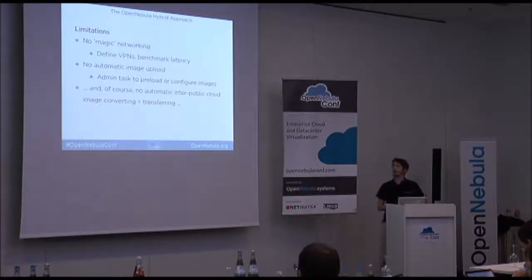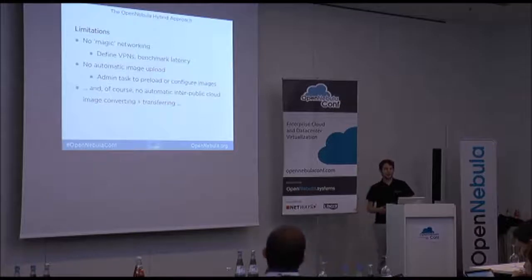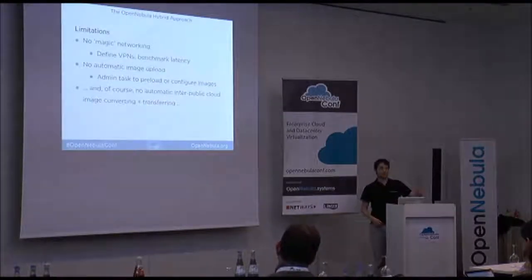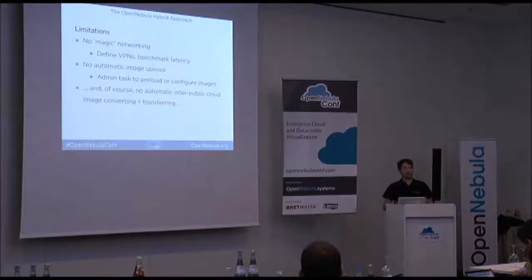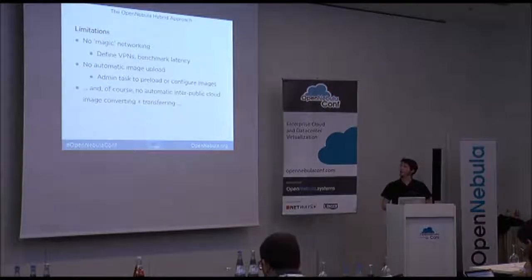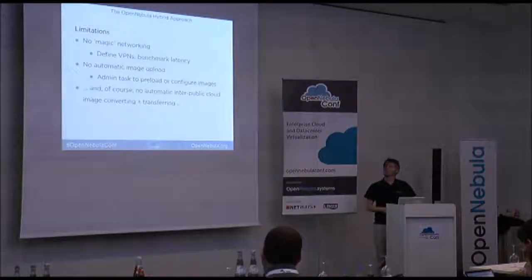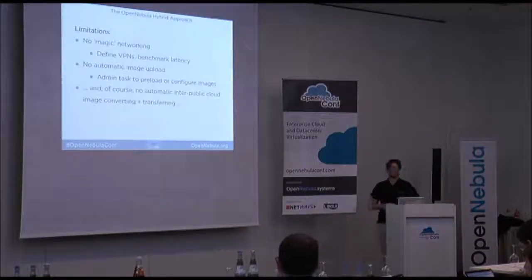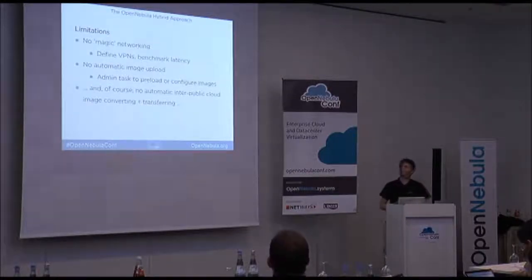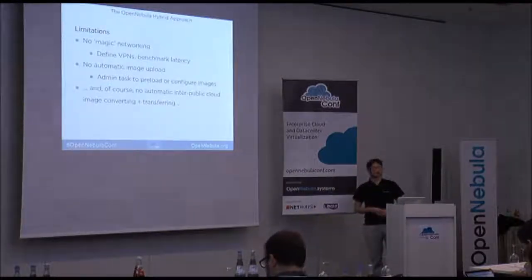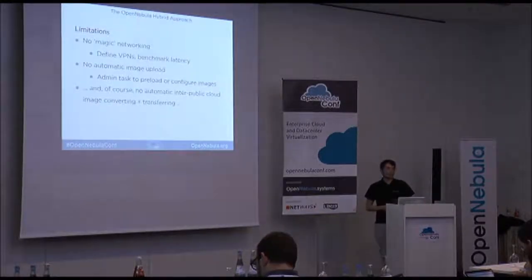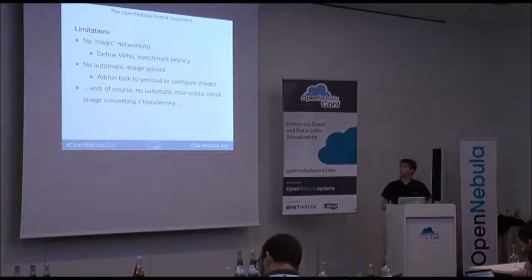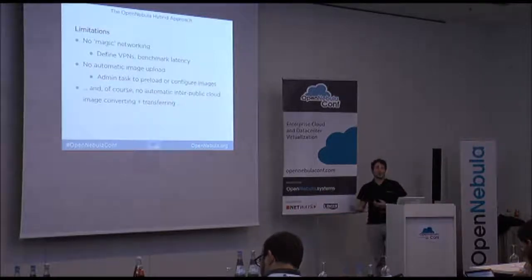OpenNebula won't create a virtual network that expands from your local data center to Amazon and to SoftLayer and creates a magic interconnection between all of your VMs. So you have to work a little bit before and define, for instance, a VPN that will connect all the virtual machines. And obviously, you have to do some benchmarking and see if the latency that this layer imposes on your services is acceptable or not. And then you have to act accordingly.